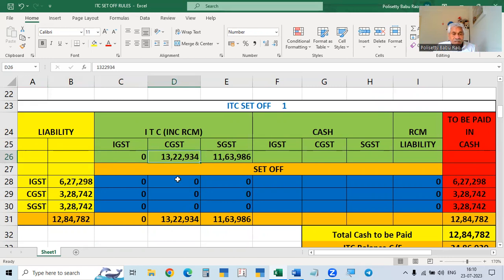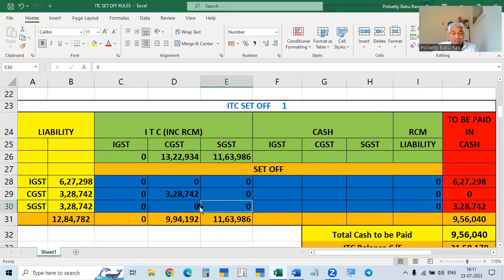See here. In this case, CGST has to adjust itself first. So first of all, the CGST will adjust 328,742. So it is adjusted. So CGST is 0.